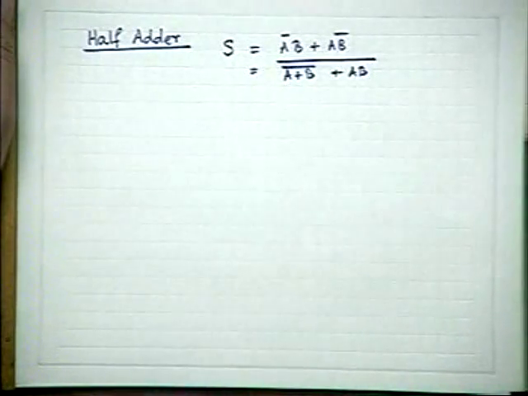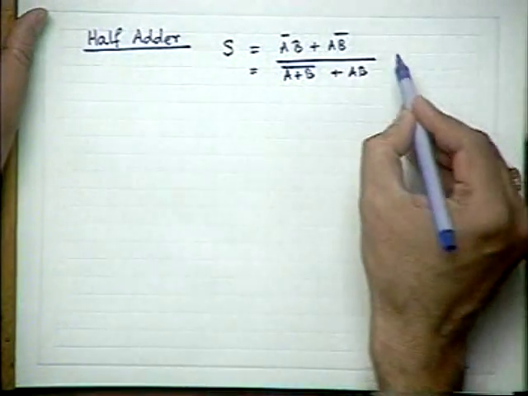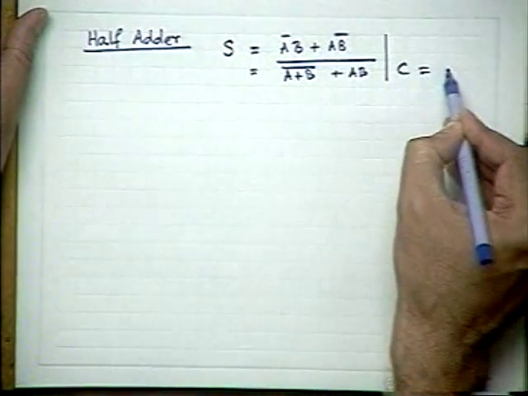You can easily prove it yourself, there is nothing in it. And remember, carry is simply AB.